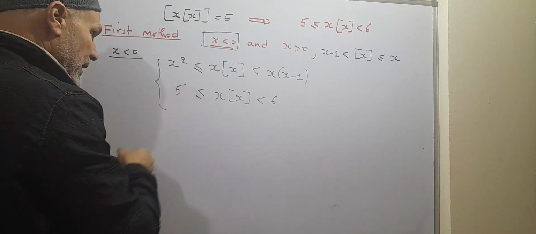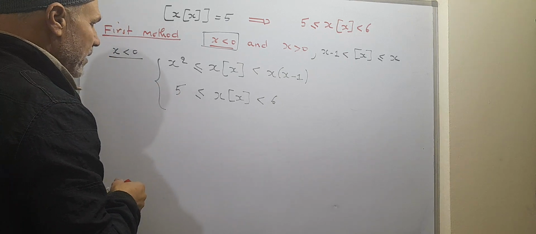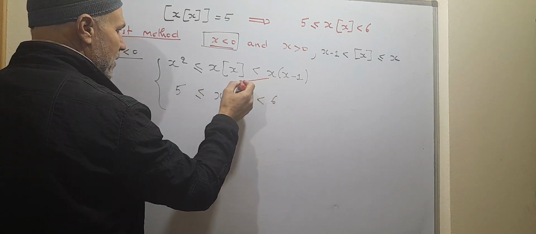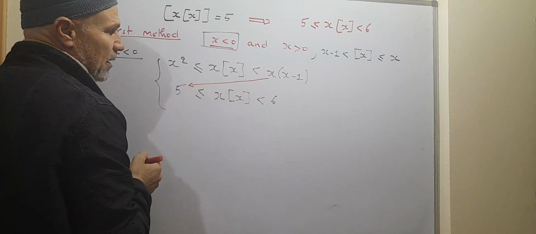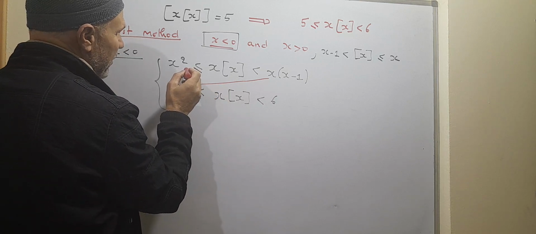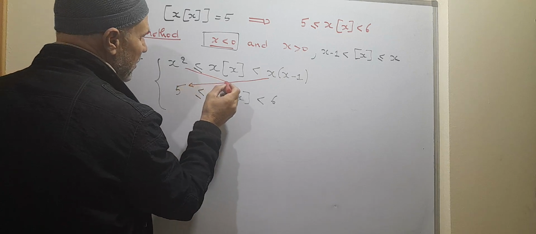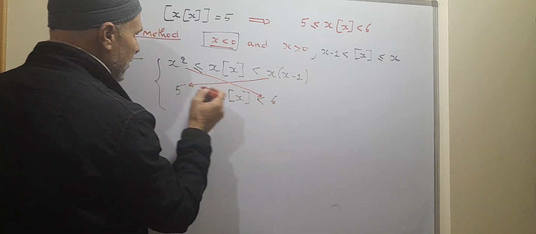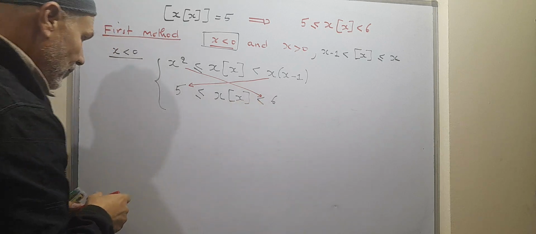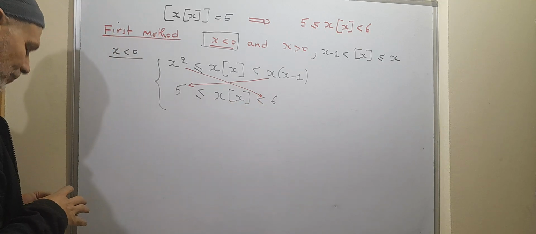And here we can remark that x times x minus 1 is greater than 5 and x squared is strictly less than 6.